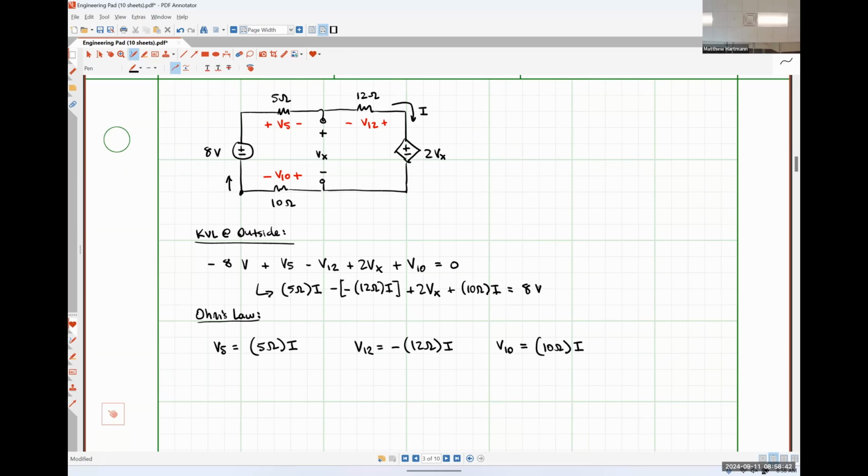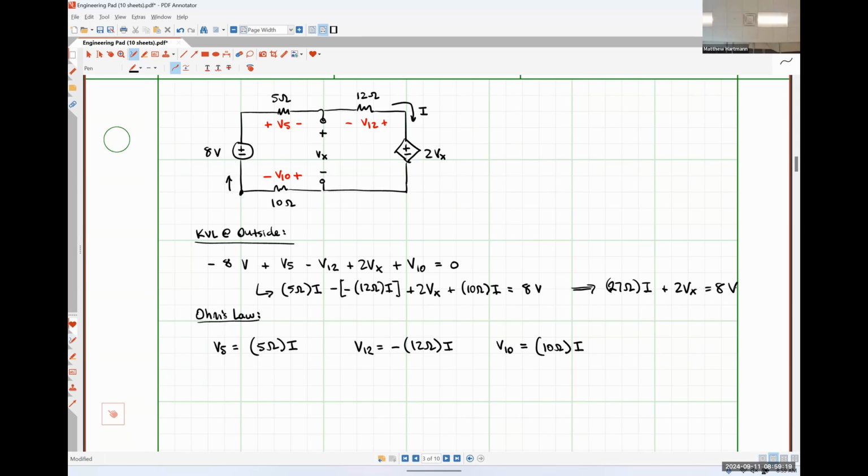I just moved that constant term to the right-hand side of the equal sign. And we can see now that we could lump together, so we would have 5 ohms minus -12, so that's 5 plus 12 is 17, plus an additional 10 ohms times I. So 27 I plus twice Vx is equal to 8 volts.